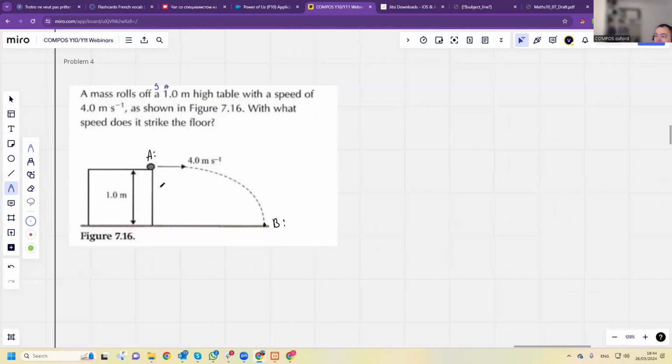So what do we have at A? No, let's not use suvat or projectile motion. Let's make it simple. We're talking about energy. What kind of energy do we have at A?